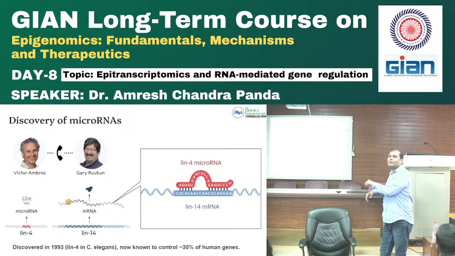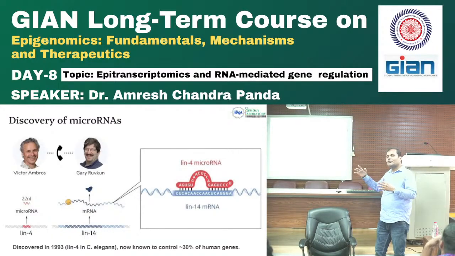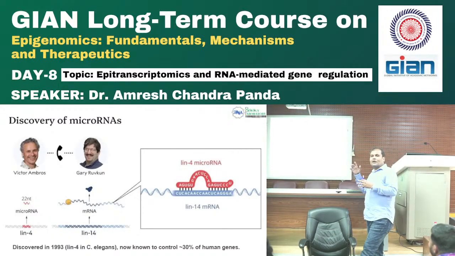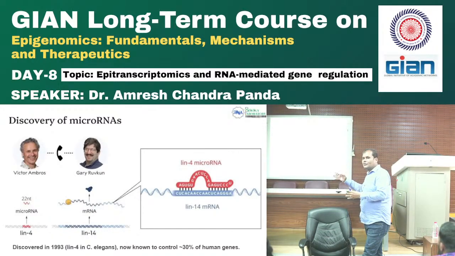So it can have an opposite effect. Okay. In the other way, microRNA can inhibit or promote transcription factor which regulate target gene. So all possible ways microRNA can regulate the gene expression directly through the gene by interacting with the gene, or through the transcription factor. Okay.